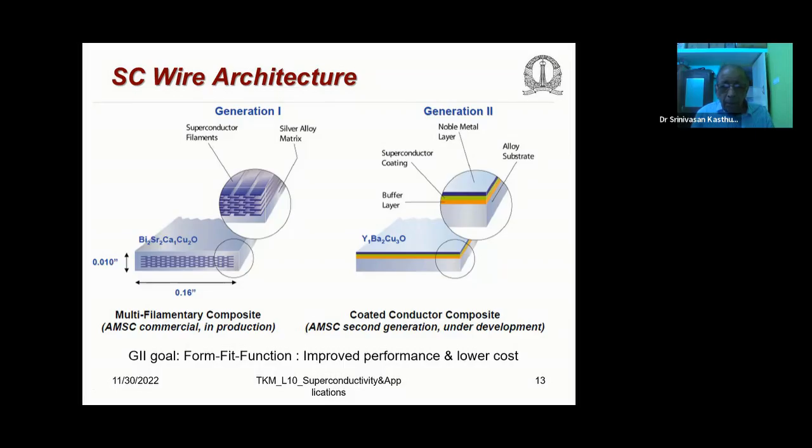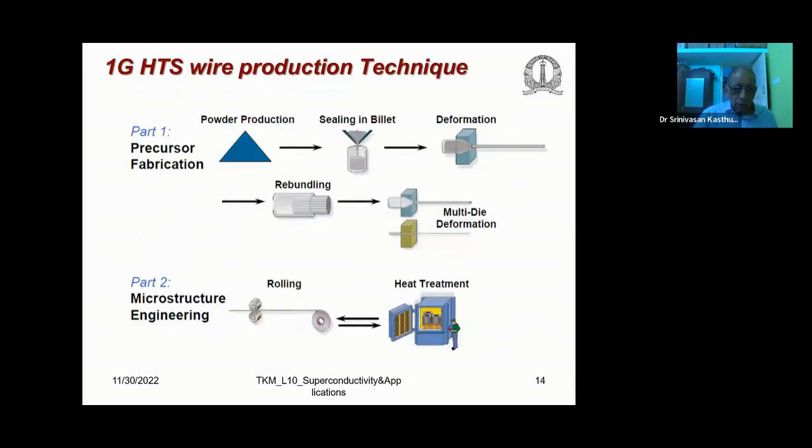Now, this is again supplied by American Superconductors, and this is a second generation system. These designs are prepared such that they give you improved performance at a lower cost.